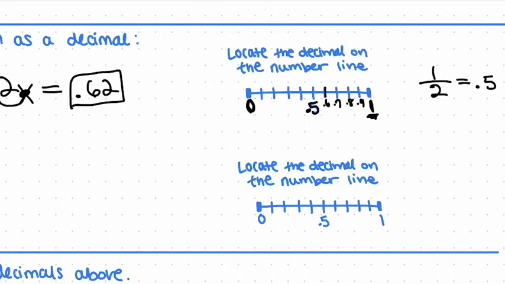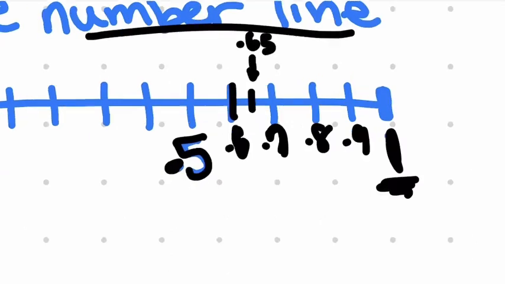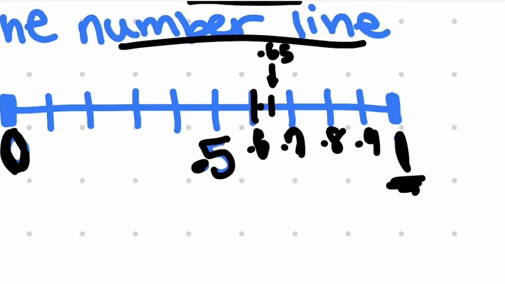So I'm asking you to locate this decimal on this number line. So 0.62, well, 6 is here. If this is the middle of 0.6 and 0.7, this middle would actually be 0.65. Therefore, 0.62 is going to be somewhere around here.